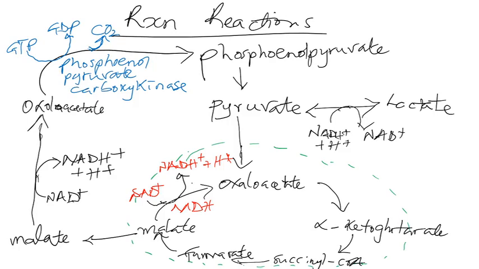But in an event where we need to synthesize glucose from non-carbohydrate intermediates, we get malate, shuttle it out of the mitochondria, and convert it back to oxaloacetate. Then oxaloacetate is converted to phosphoenolpyruvate via the enzyme phosphoenolpyruvate carboxykinase.